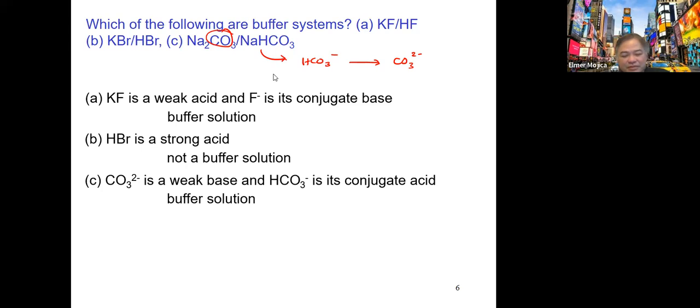Before we go to the last one, although they said there would be no calculation questions, I just want to show you a simple calculation on a buffer. You just use the Henderson-Hasselbalch equation and identify which is the acidic and the basic component. We almost have, what, 5 minutes left?